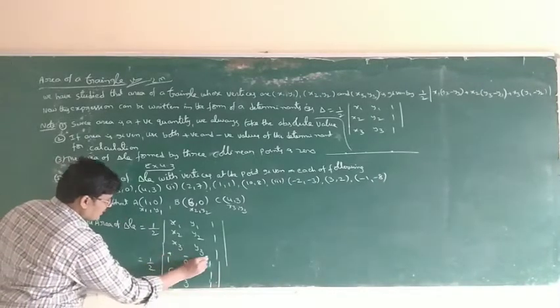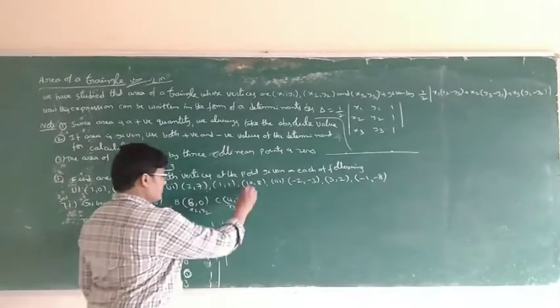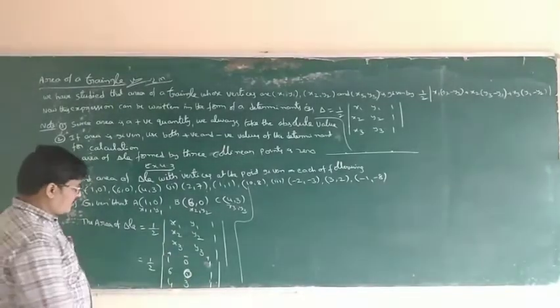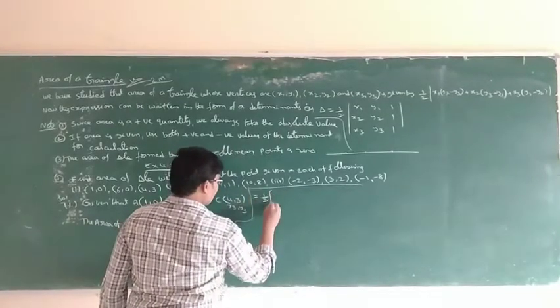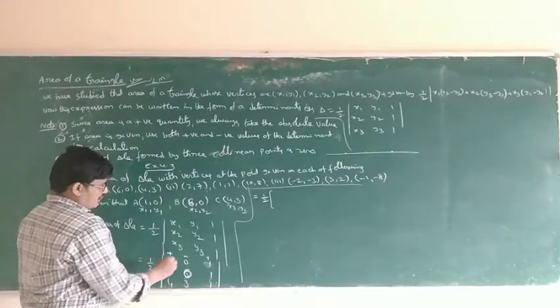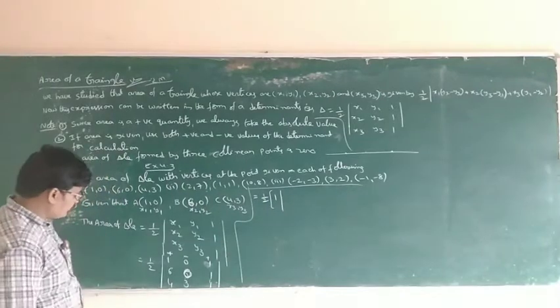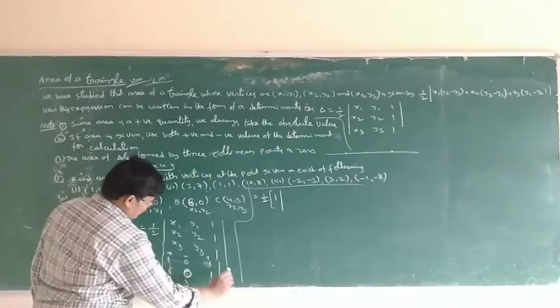So the signs are plus, minus, plus. What is the procedure? How to find the 3 by 3 determinant? By using the first row, with plus minus plus. So that is equal to 1 by 2 into 1, with sign plus, into the determinant obtained by deleting the corresponding row and corresponding column.